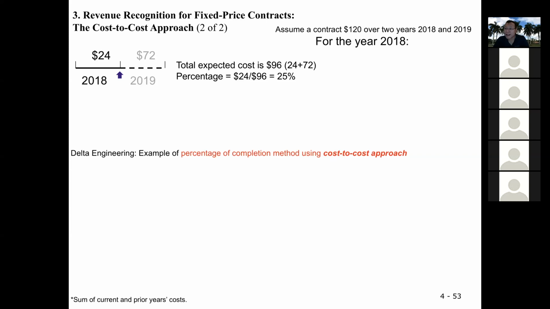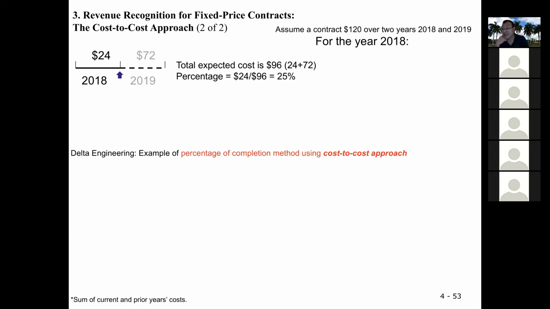Right? The reason why I'm calculating the percentage of completion is because I'm trying to figure out how much revenue I need to recognize, right? At the beginning of 2018, you don't recognize any revenue. The percentage at the beginning of 2018 is zero. So the idea is you're trying to estimate the percentage of completion at the end of 2018.